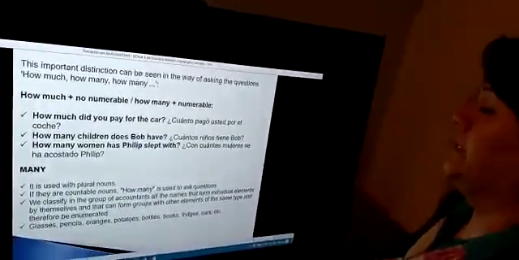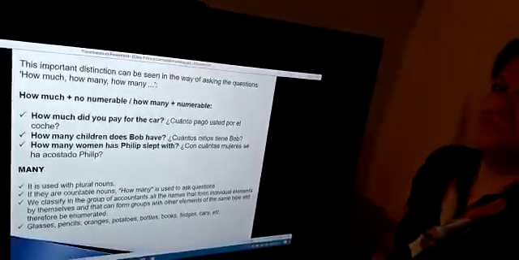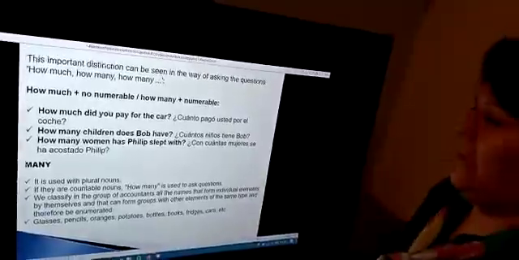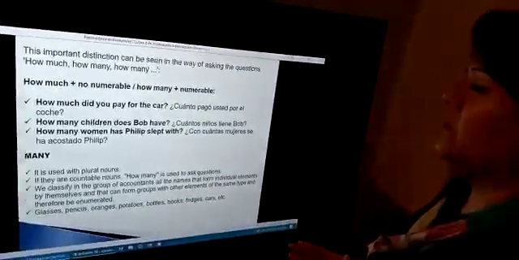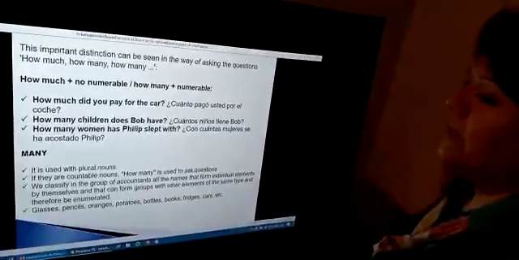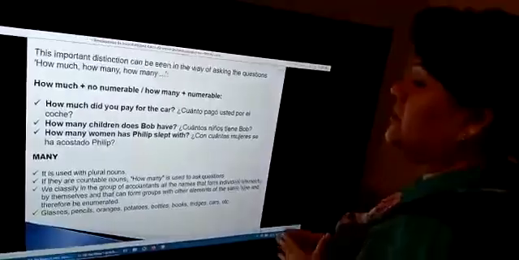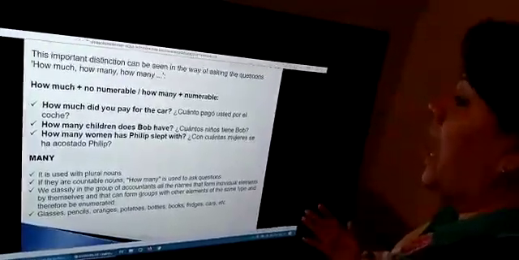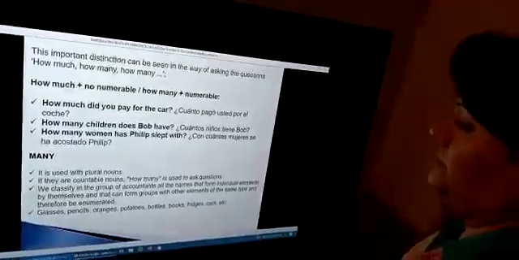And in Spanish, ¿cuántas mujeres se ha acostado Phil? Many is used with plural nouns. It is used with plural nouns if they are countable nouns. How many is used to ask a question.